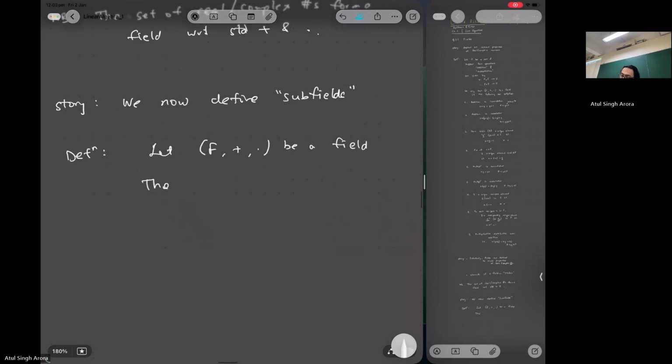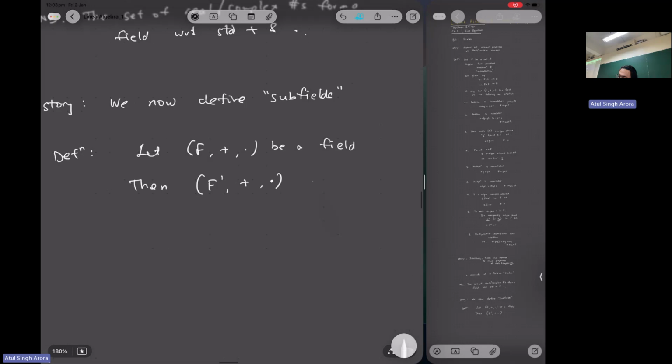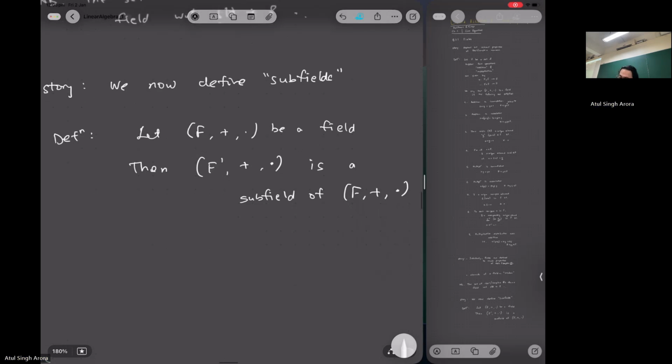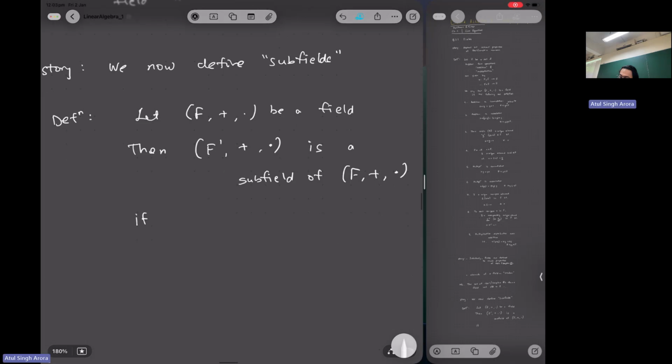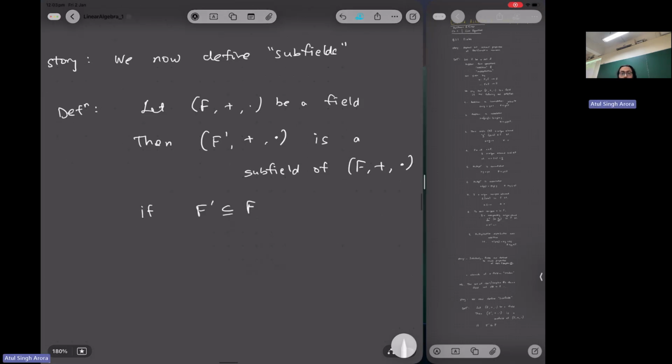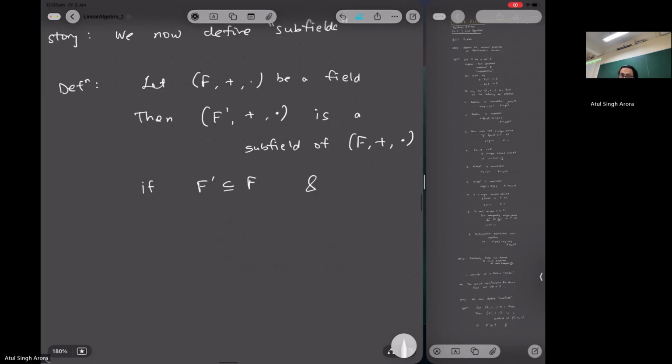Then F prime, plus and dot, note that I'm using the same operations, I'm just changing the set, the same addition and the same multiplication. Then this is a subfield of F, plus and dot, if F prime is a subset of F and F prime, plus and dot, is also a field.